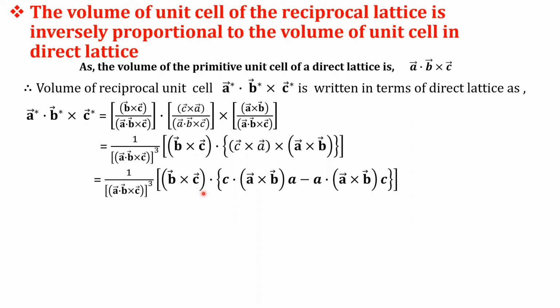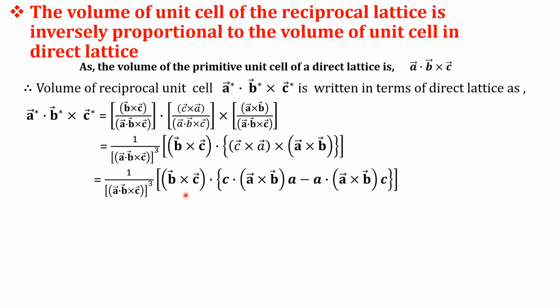B cross C also keep as it is. The cross product of the two brackets simplified as C dot A cross B A minus A dot A cross B C.